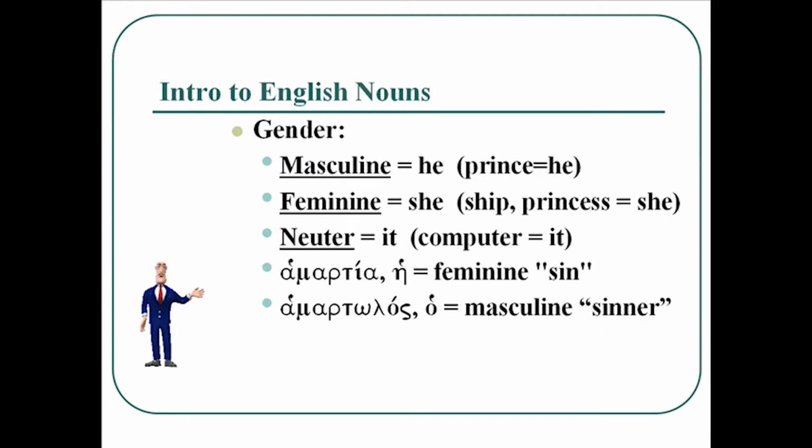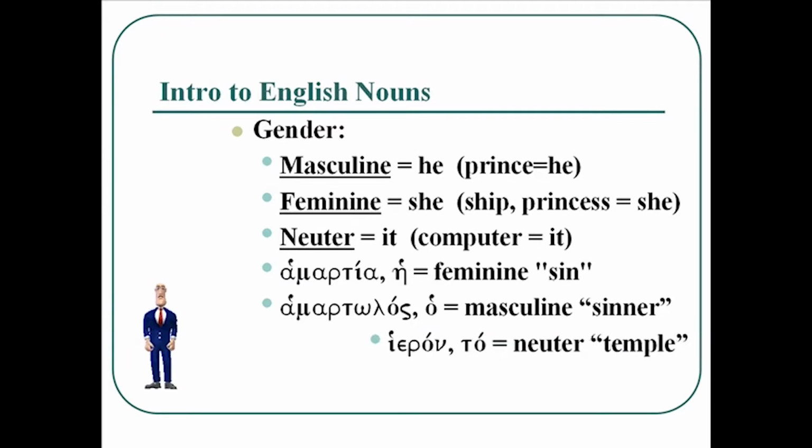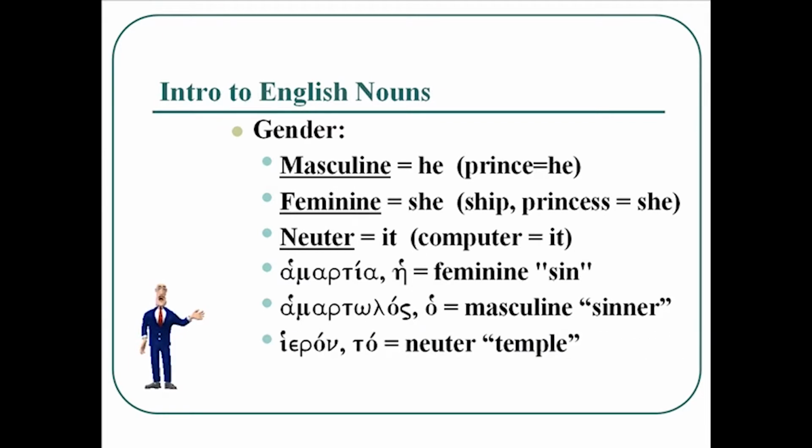The second declension nouns end in an omicron. You can detect the root by sliding off the final sigma, and then the omicron ending is exposed. You'll see hamartolos is followed by a ho, which indicates that this sinner is a masculine form of the second declension noun. Hieron has a to after it, which indicates that it is neuter, referring to the temple.